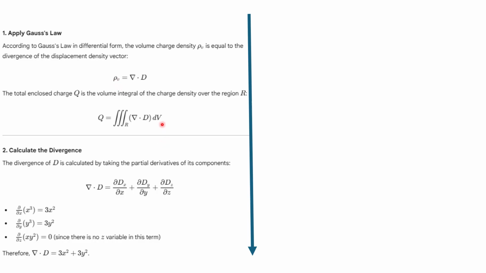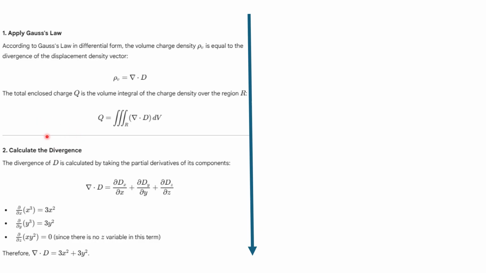So this is the final step, right? So step number one, get the charge density using this formula, divergence of D, then integrate rho into dV, and then get the final Q. Those are very simple steps, only two steps, right?